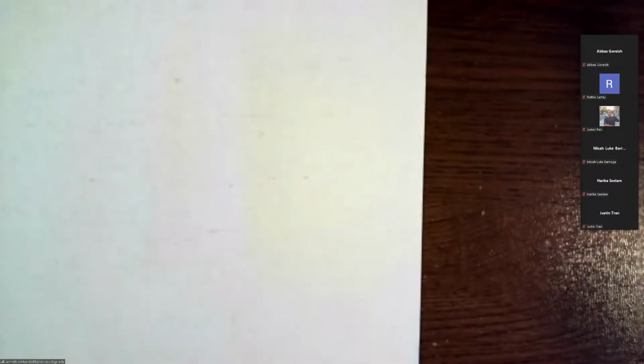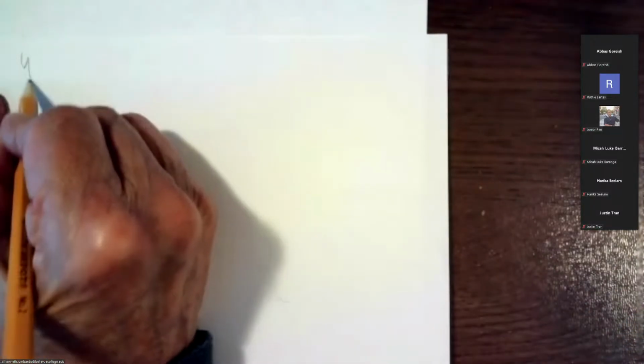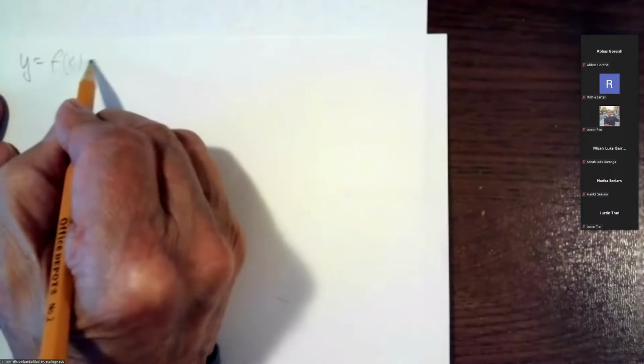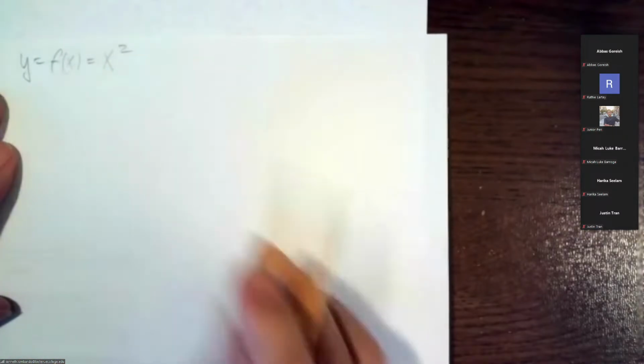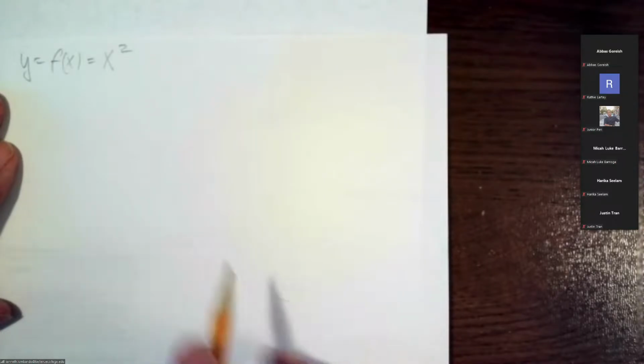Okay, let's take another example. Let's say we have a commonly used function, y equals some function of x equals x squared. So it's a standard quadratic function.